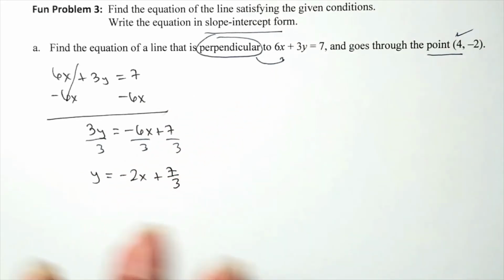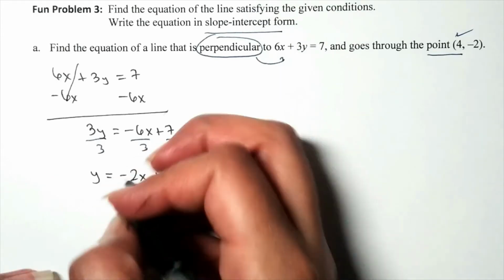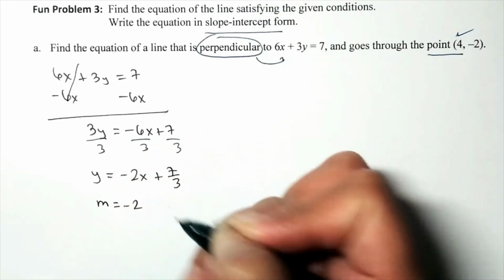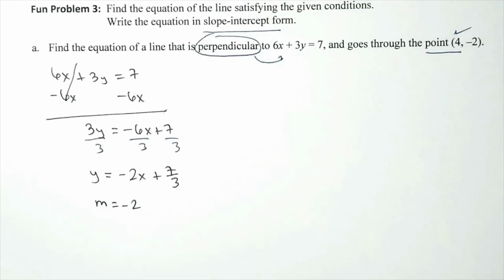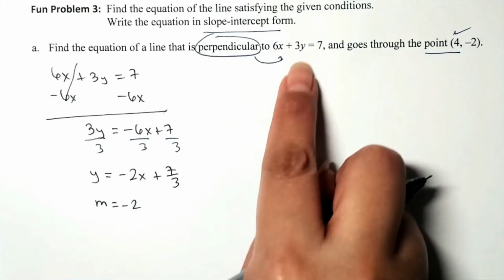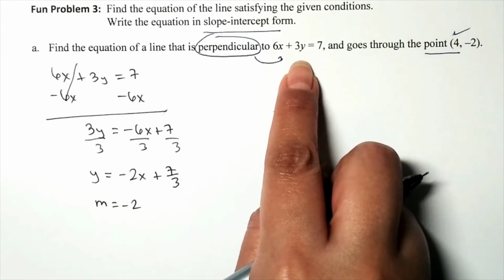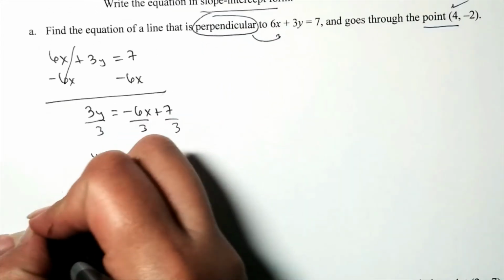So with that being said, the slope of this equation is negative 2, and the question of the hour is what is going to be the slope of our line. Our line should be perpendicular, so we need to make sure that the slopes are opposite reciprocals.